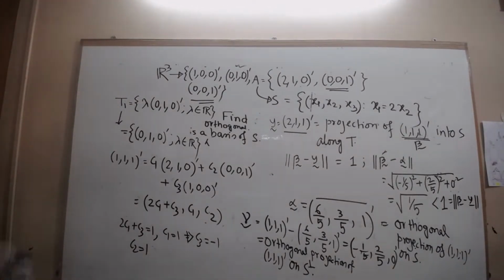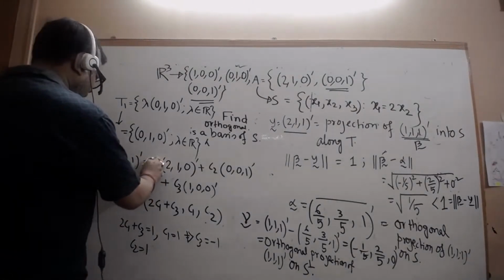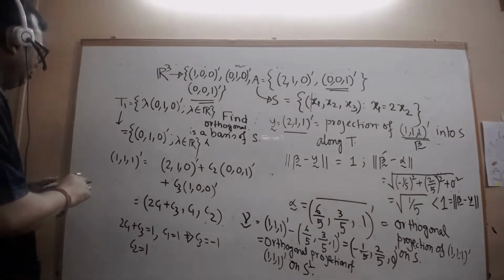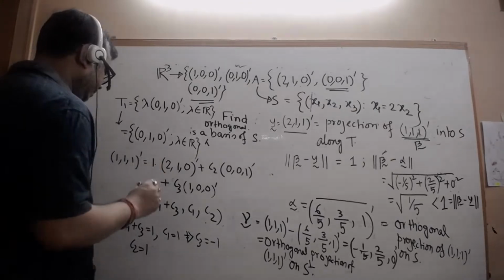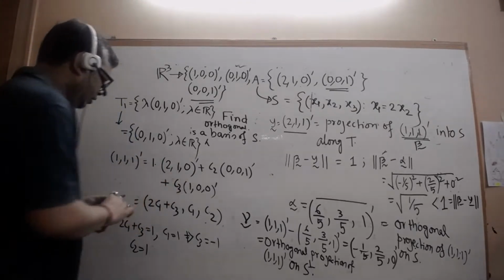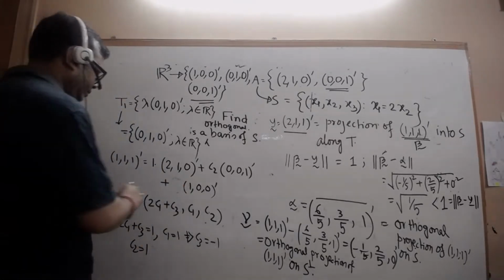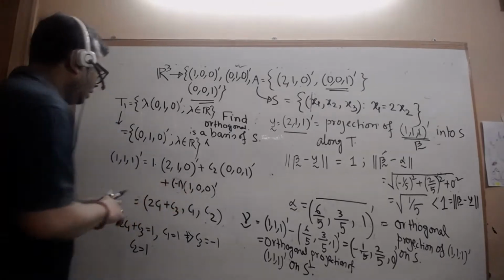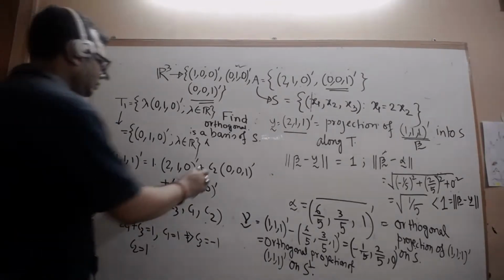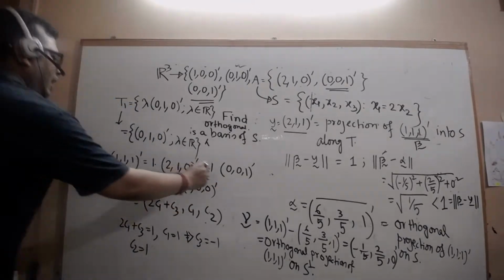So you get C1 equal to 1, C3 equal to minus 1, and C2 equal to 1. So I get the same result.